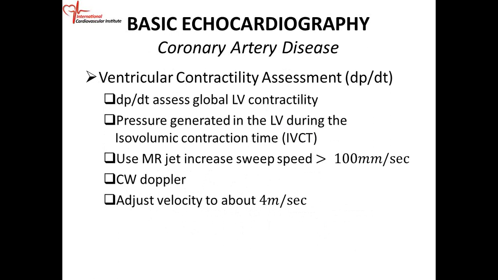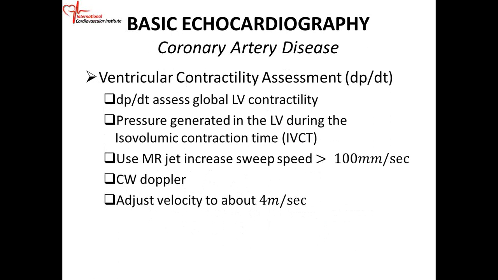If the LV systolic function is normal, you're going to get that change in pressure very quickly. So the dP/dt is going to be a higher number with a normal LV systolic function because the LV is contracting strongly.